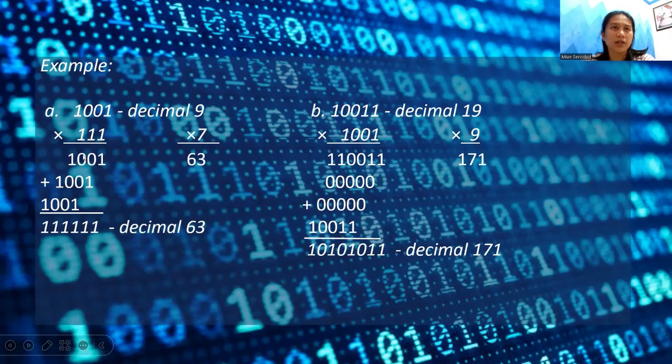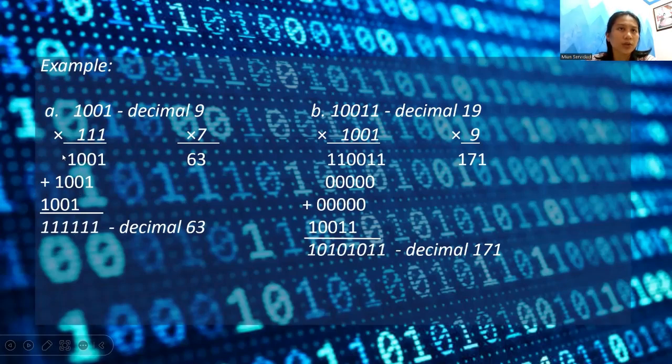So this stays as it is. Notice it is the same number, so we just need to copy it. After we get the product of the three digits, we add them up. So 1, bring down 1, so 0 plus 1 is equal to 1.